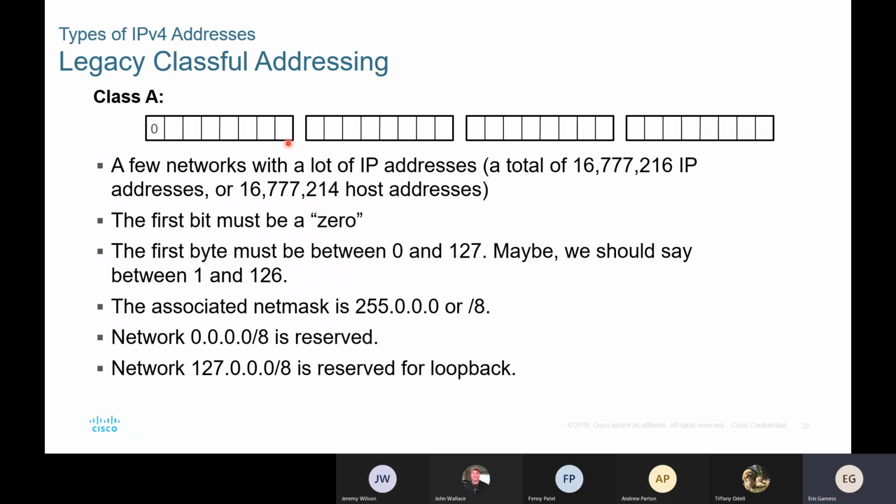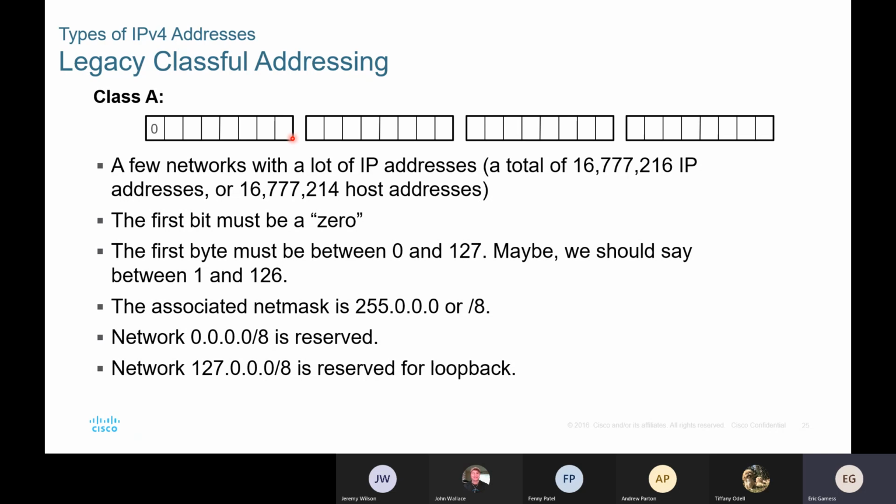Now, if I ask you, what will be the first byte of the first network? How do I get the first byte? Which means, what will be the minimum value for the first byte? If you want to minimize this byte's value, and you are free to put 0 or 1 here, what value are you going to put to make it as minimum as possible?